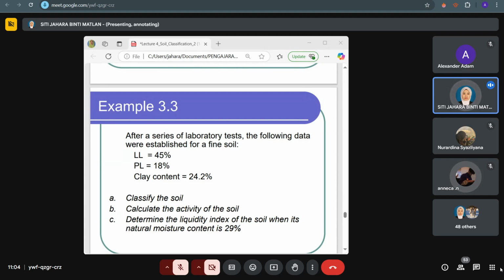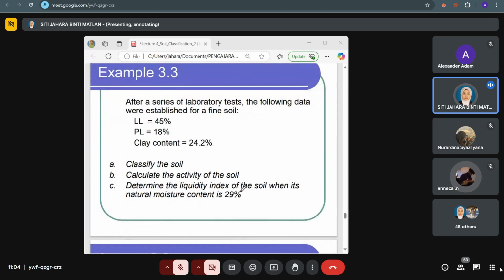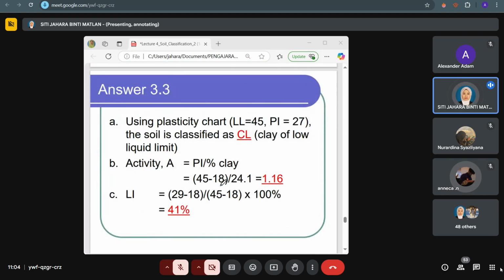Given LL, PL and clay content, classify the soil according to this, calculate the activity of the soil, and determine the liquidity index of the soil when its natural moisture content is 29%. You can calculate this using the basic formula that I showed in the previous slide. So this is the answer.